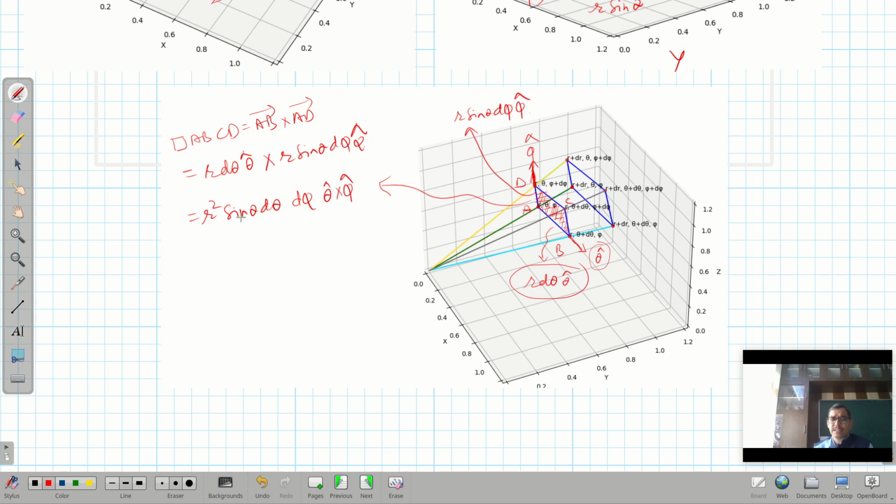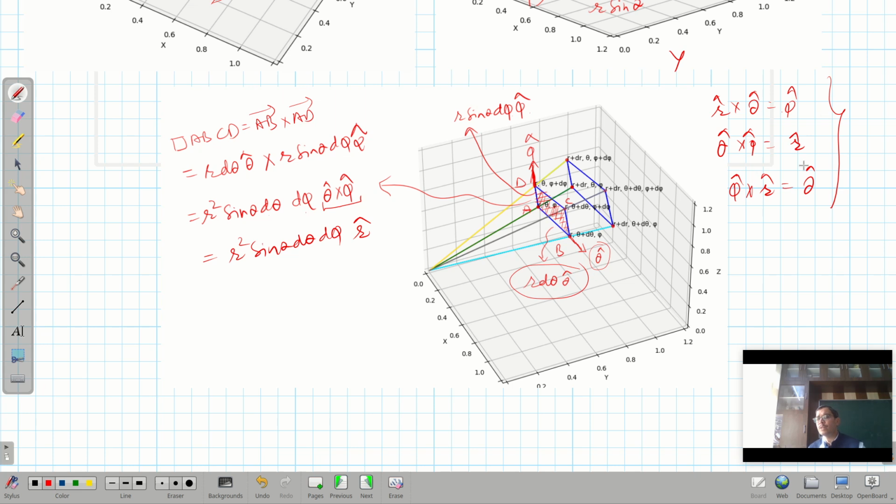So it is r square sine theta d theta d phi, and this is the cross product of these two vectors. And it will become r cap, because r cross theta is basically phi cap, theta cross phi is basically r cap, and phi cross r is basically theta cap, because these are all mutually perpendicular vectors.